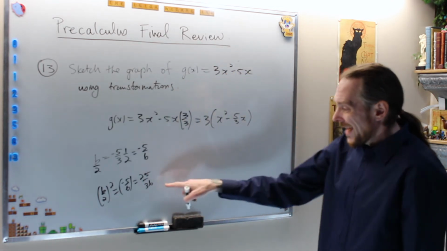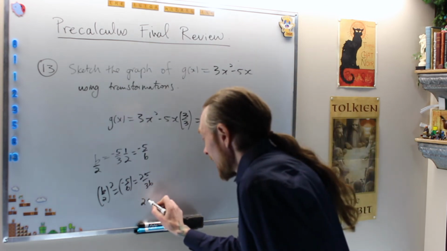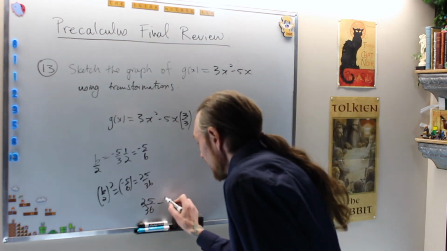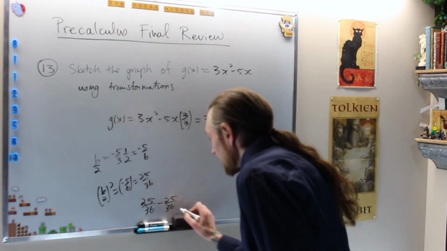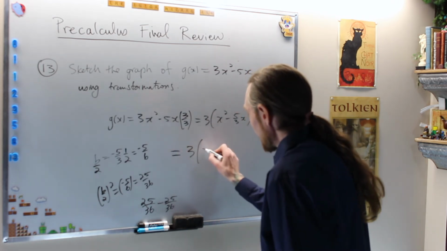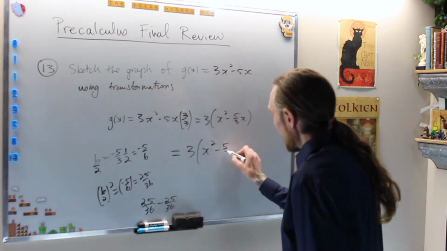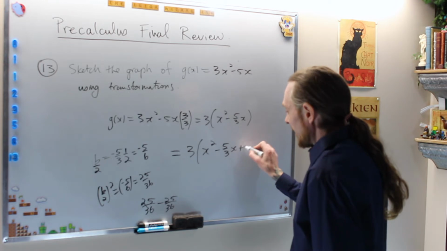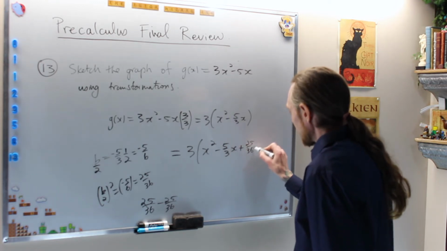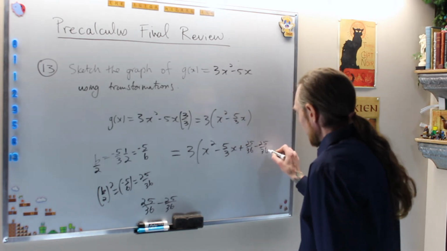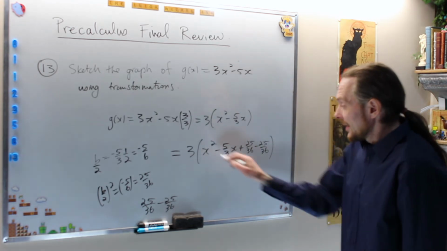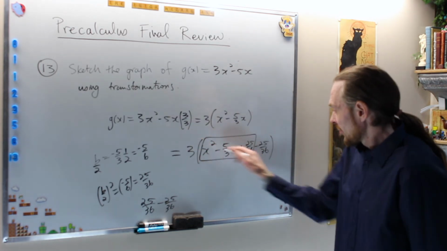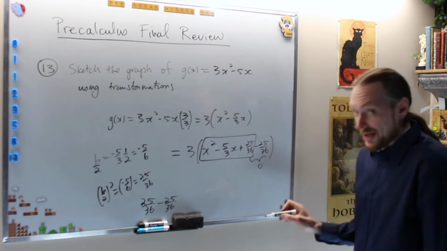What are we going to do? We're going to add that, but we're going to add it as 0, 25 over 36 minus 25 over 36. So we have 3 times, inside the brackets, x squared minus 5 over 3x plus 25 over 36 minus 25 over 36. This is now the completed square, what I wanted, but I've added 0, so I didn't change anything.